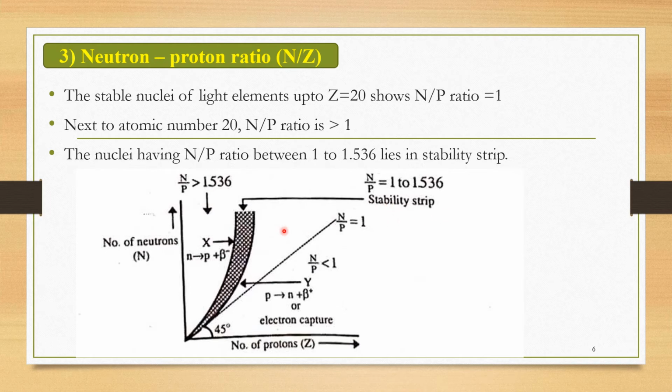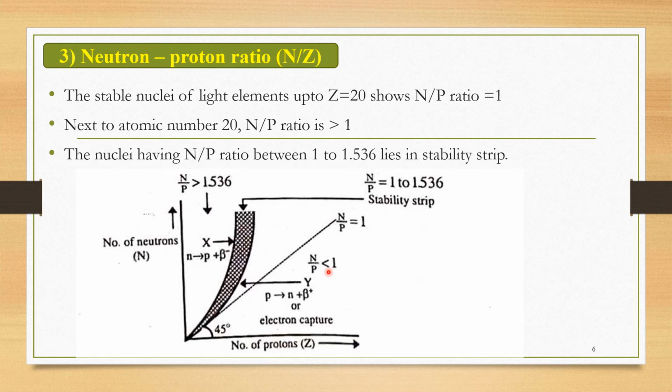Now, those nuclei which occur on the left hand side of the stability strip, suppose this X nuclei, have a neutron-proton ratio greater than 1.536 and are called highly unstable in nature. Similarly, those nuclei which occur on the right hand side of this stability strip, suppose this is the Y nuclei, have a neutron-proton ratio less than 1.